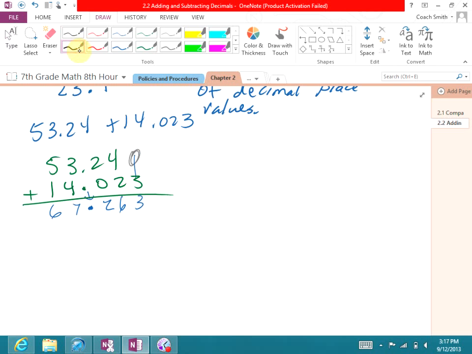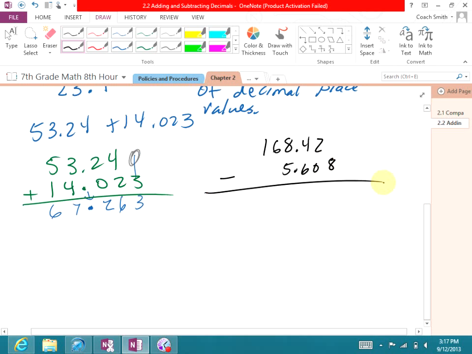Now, let's look at one that is subtraction. Let's look at this one here. 168.42 minus 5.608. All right, I need to put a 0 up on top there. So now they have the same amount of digits. Both numbers have 3 place values on the right side of the decimal. Okay, and that's what we're looking for. All right, now we've got to subtract.